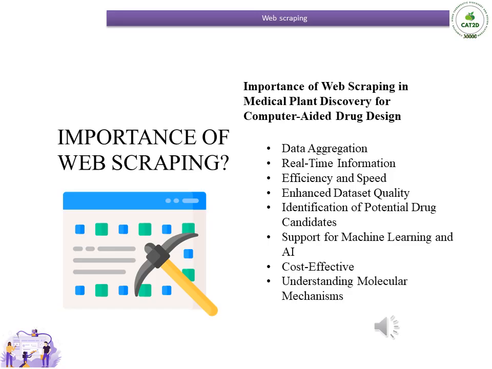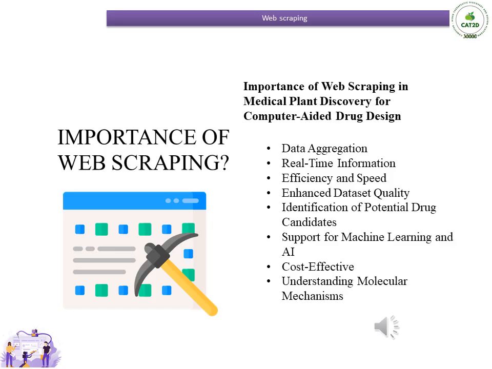Support for AI and machine learning: the large datasets obtained from various websites can be used to train different machine learning models and algorithms. These can then be used for prediction, leading to efficiency and safety of drug candidates derived from different medical plants.